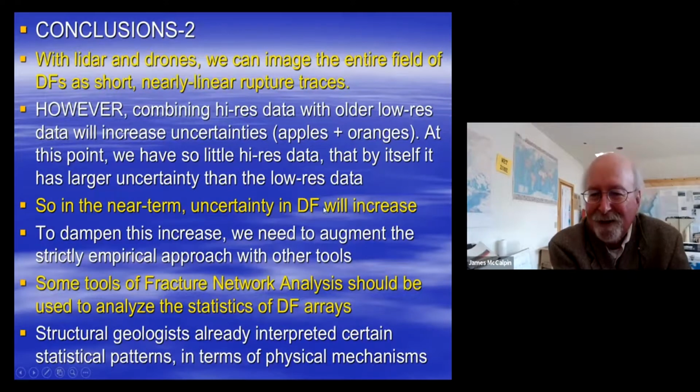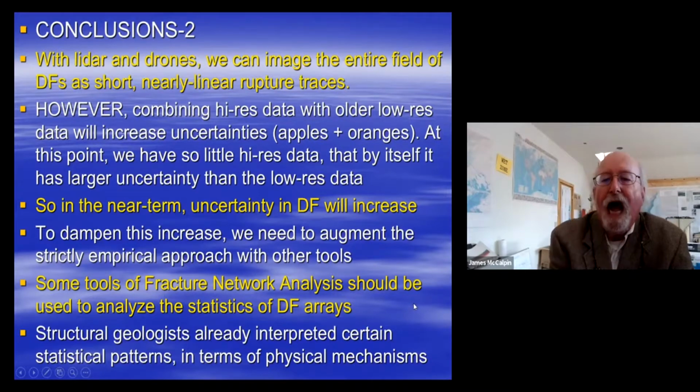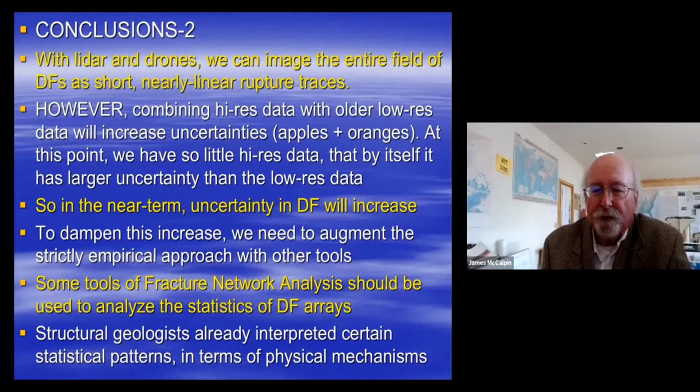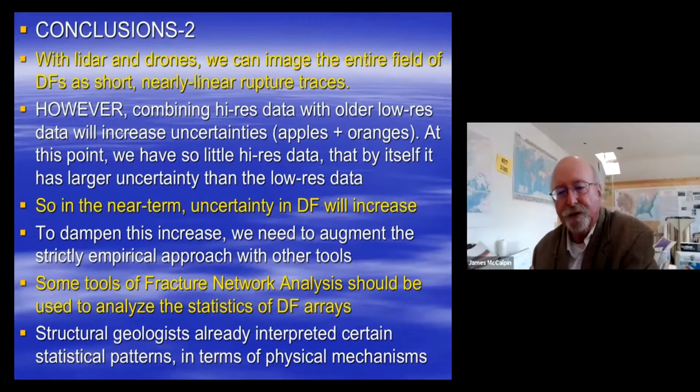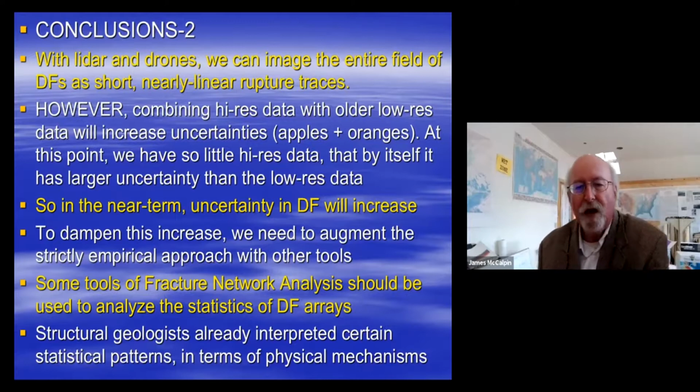So it looks like in the near term, the uncertainties in distributed faulting in PFDHA are almost certainly going to increase. There's only one way to dampen this increase, and that is to augment the empirical approach with other tools which help us say, the cumulative distribution should be following a distribution like this because of physics and kinematics.